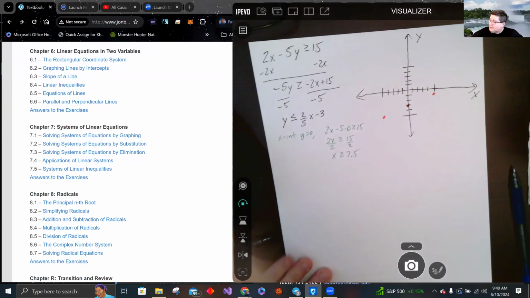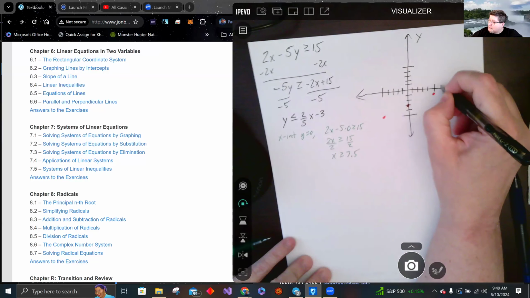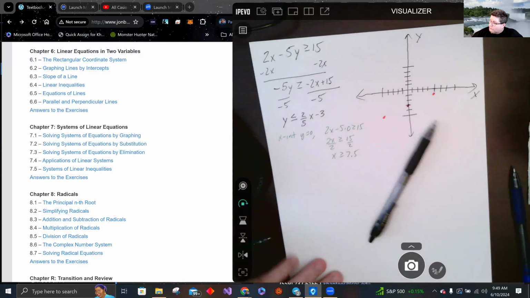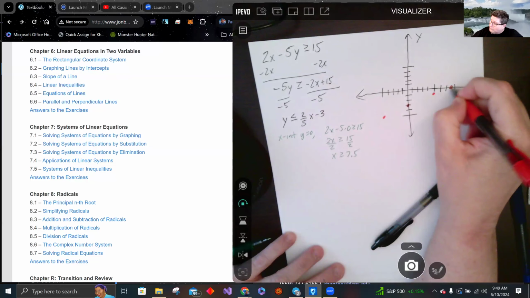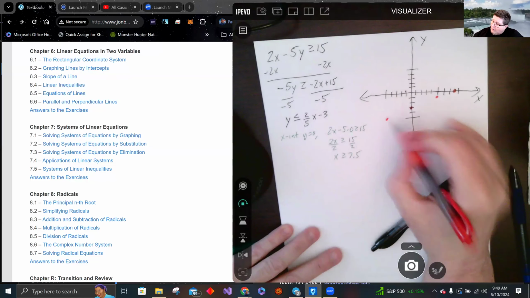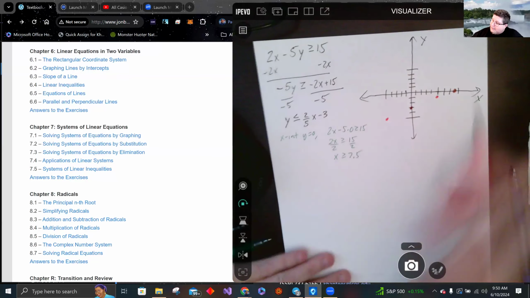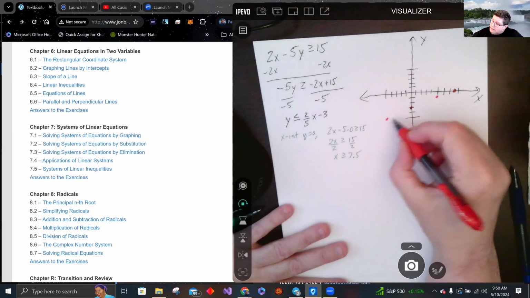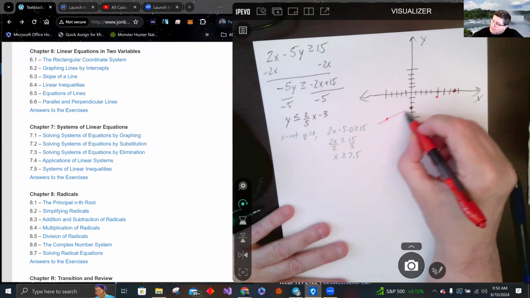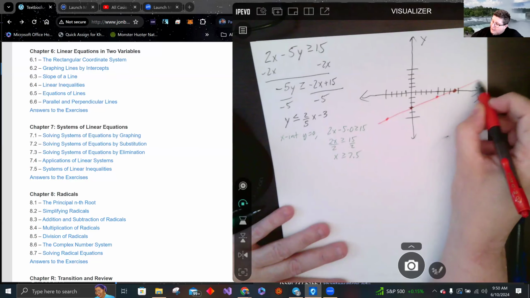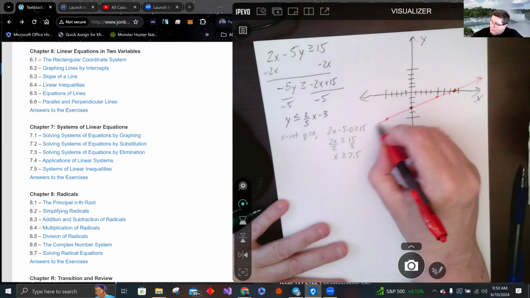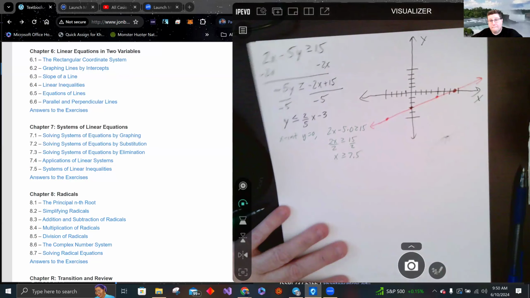So I need some more dots. And that looks like they are all on the same line. That's good. It's a solid line because we have the equal portion of the inequality.